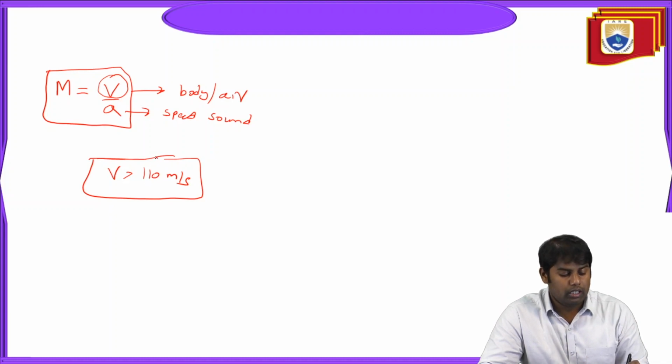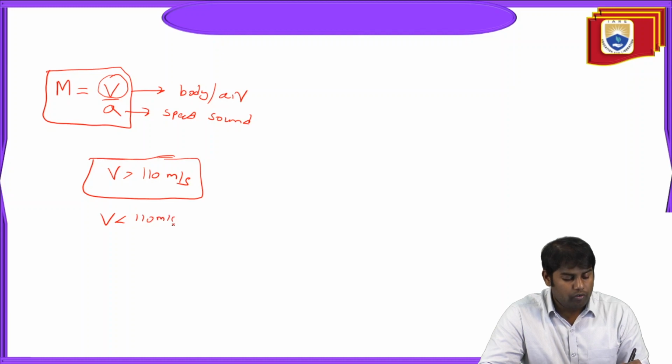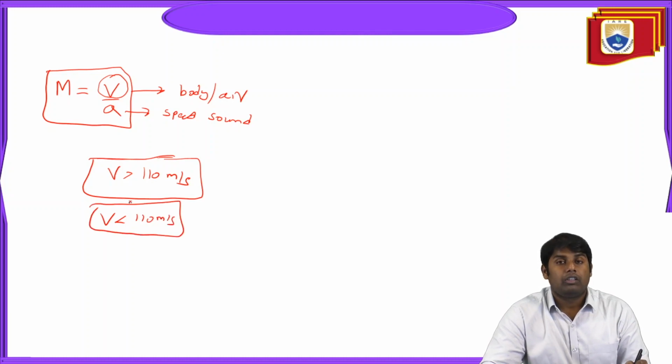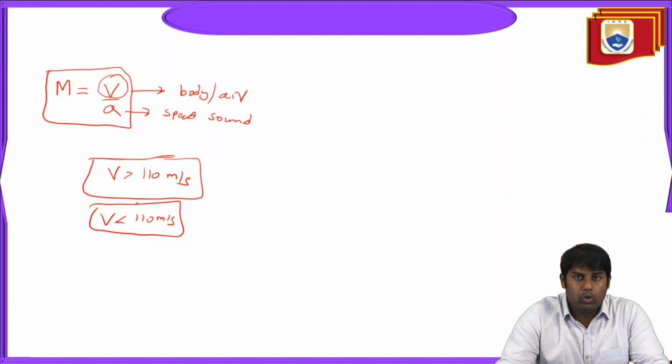This has come from experimental justifications. Less than 110 meters per second, we have the flow as incompressible. So we have two very important categories: compressible and incompressible.